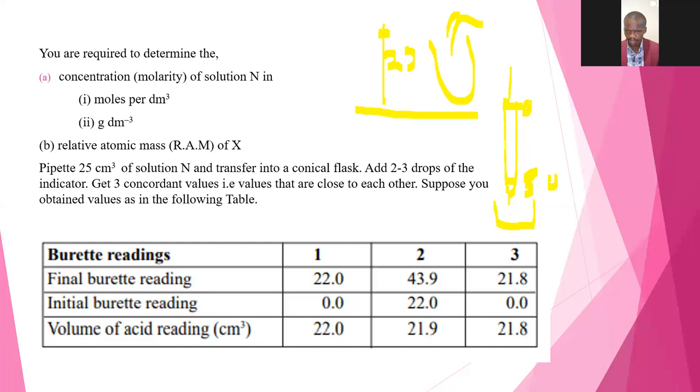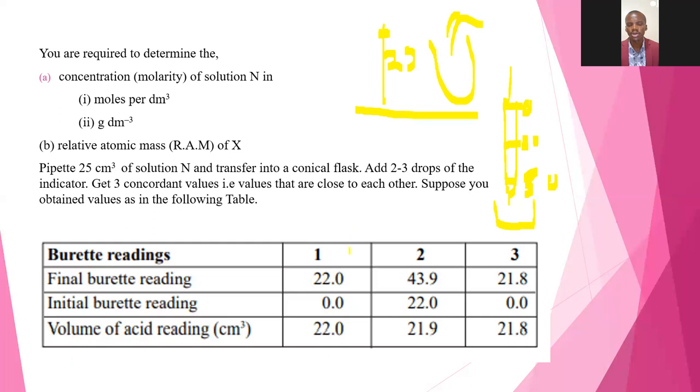Then you titrate, and maybe the color of the solution in the conical flask, due to the methyl orange, changed at 22. So to me, that will be the final burette reading. So you write it there. For you to get the volume used, it is always the final minus the initial.